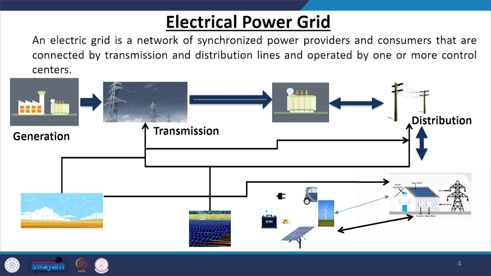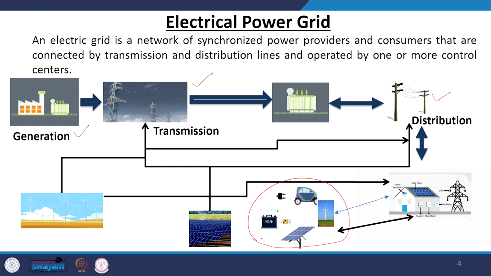Now, an electric grid is a network of synchronized power providers and consumers that are connected by transmission and distribution lines and operated by one or more control centers. As you could see, we have the generation centers, and through transmission and distribution we can make our consumers engage in load consumption.